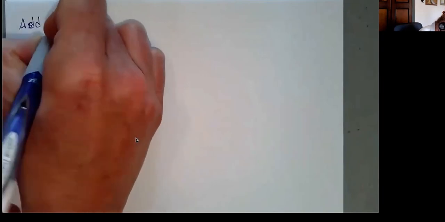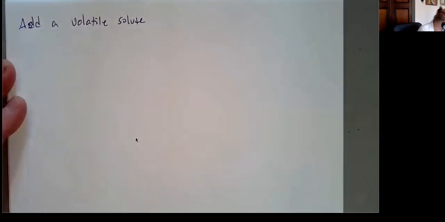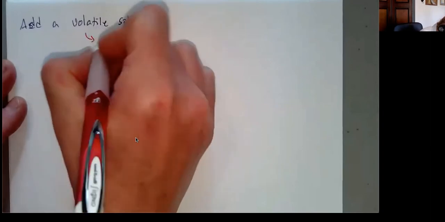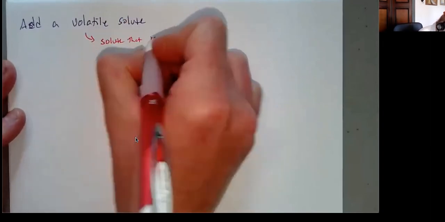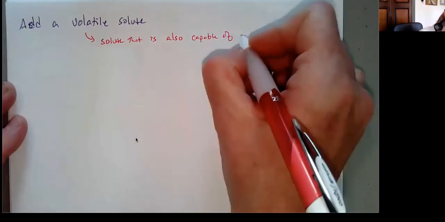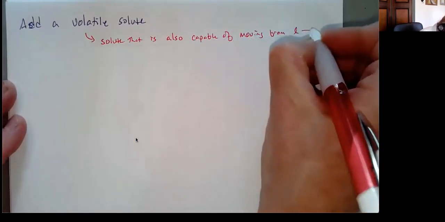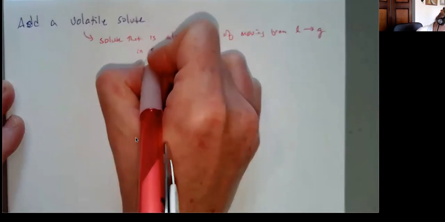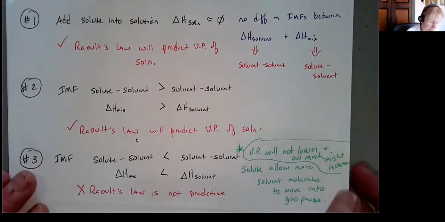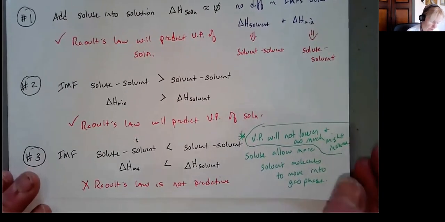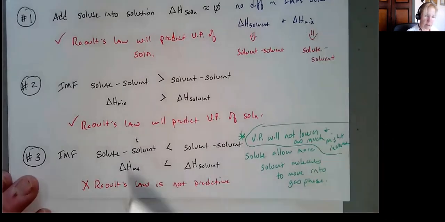And remember, volatile means that this is a solute that is also capable of moving from liquid to gas in that solution. Because our assumption here with these three is that my solute is non-volatile, because it's not going to move into the gas phase.